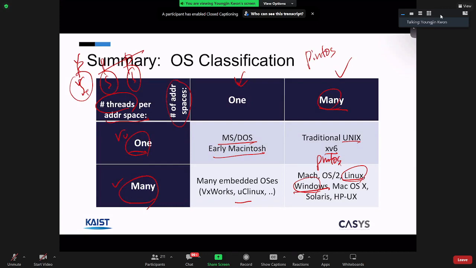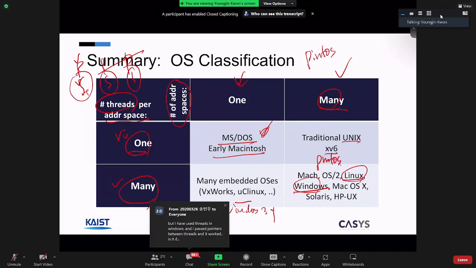Windows 3.1 is, I think, single process, multiple threads. Windows 3.1, then after 95 here.